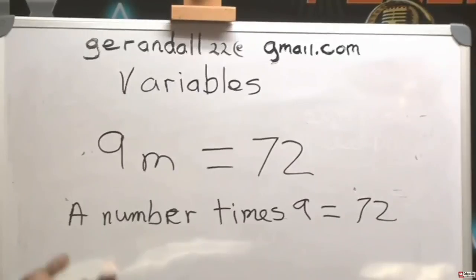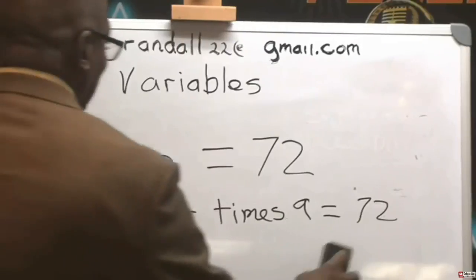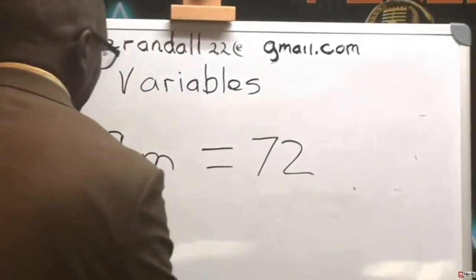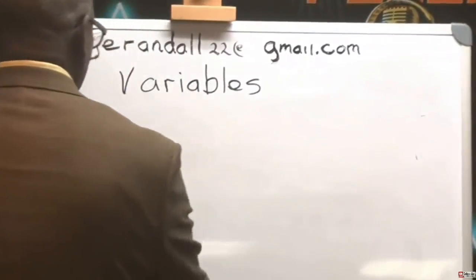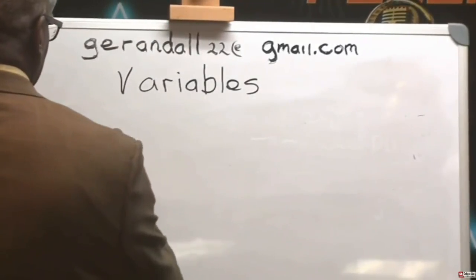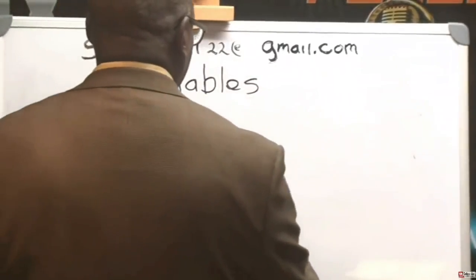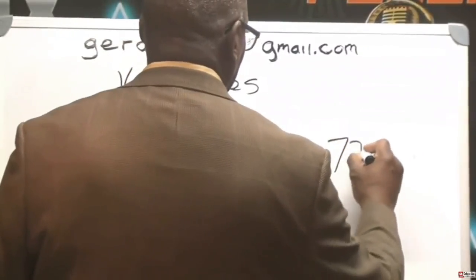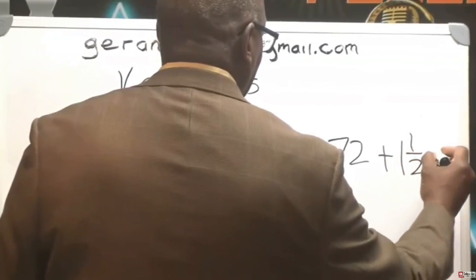Now, again, we're back to our basic facts. What number multiplied by 9 equals 72? 8. Eventually, you won't be able to see what the answer is because you'll get an algebraic problem that will look like this: 9m plus 1/2 equals 72 plus 1 1/2 m.